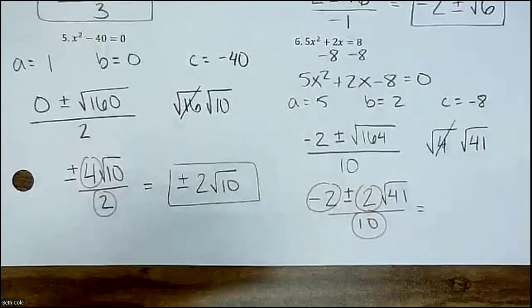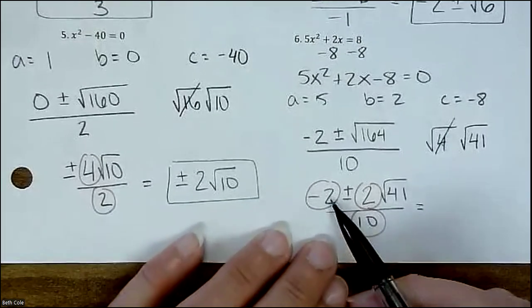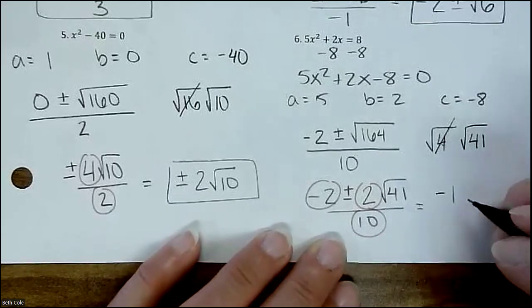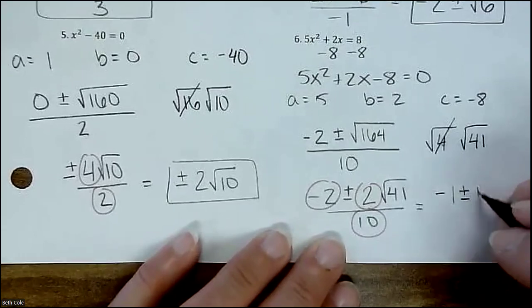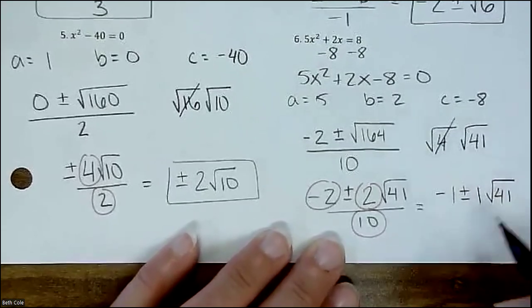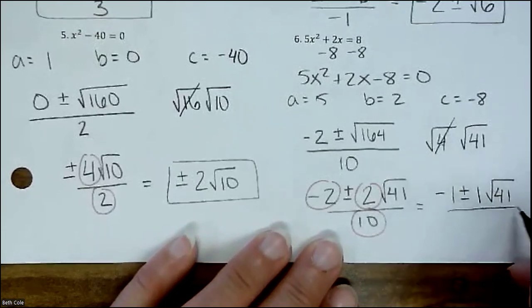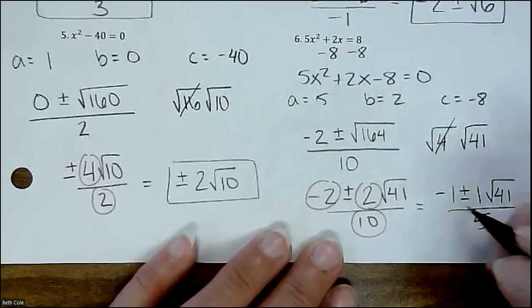So you're reducing the fraction is what you're doing. So it's going to be -1 plus or minus 1 square root of 41. This one is optional if you don't want to write it. You kind of need the first one, but this one you don't have to put if you don't want to. Over 5. Good job.